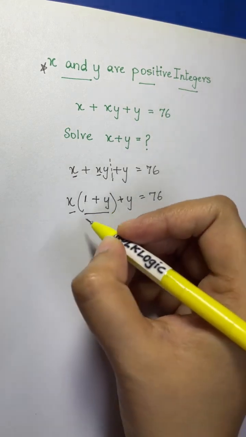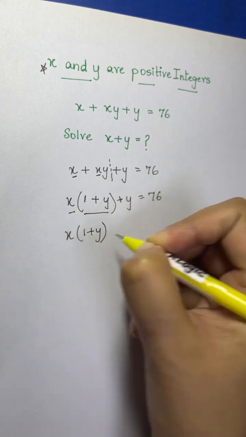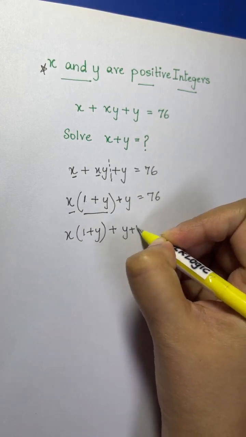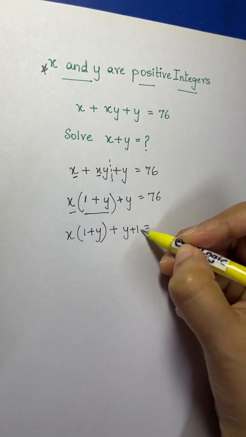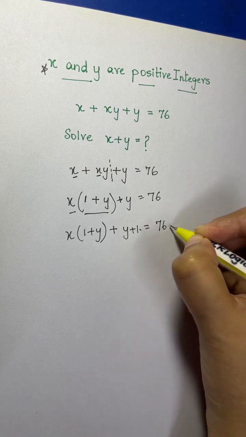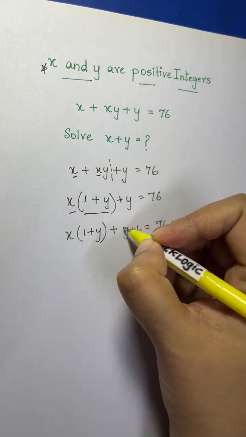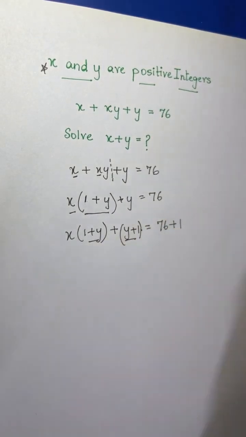Yes, let's do it. x into 1 plus y plus y plus 1 equals, now if you have added on the left hand side, you also have to add to the right hand side. So that will be 76 plus 1 on both sides. Now you've got a factor y plus 1 similar to this.